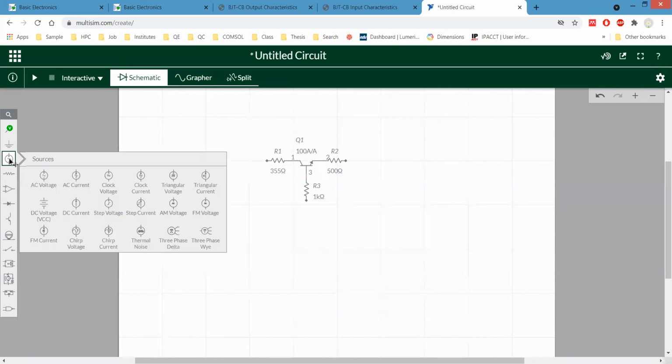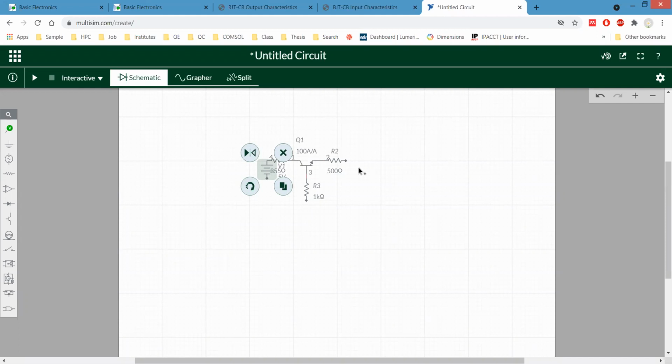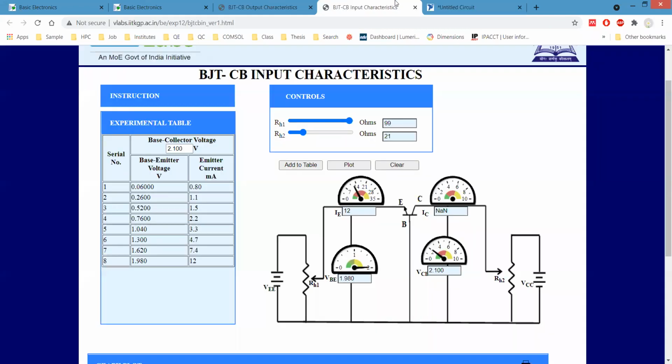So we have to apply some voltage for two junctions, the base collector junction and also the collector emitter junction. As you can see, in this case I have considered them in the same direction, meaning the same bias. But what will be the bias for this one?